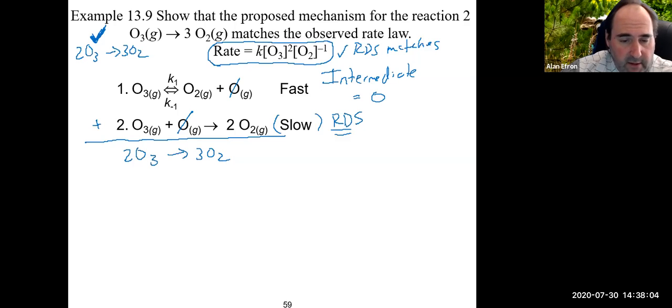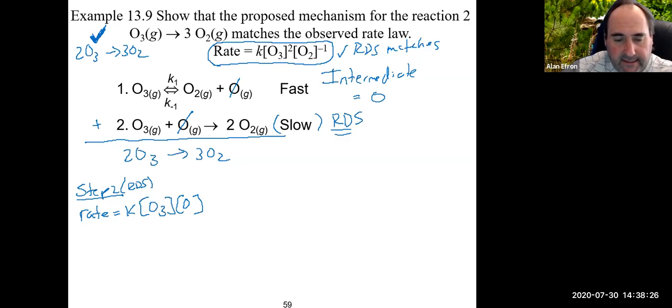So why don't we go to step number 2, and if we write the rate law for it, the rate is going to equal k times O3 times O. And since this is our rate determining step, what we're interested in is whether this matches this one here.